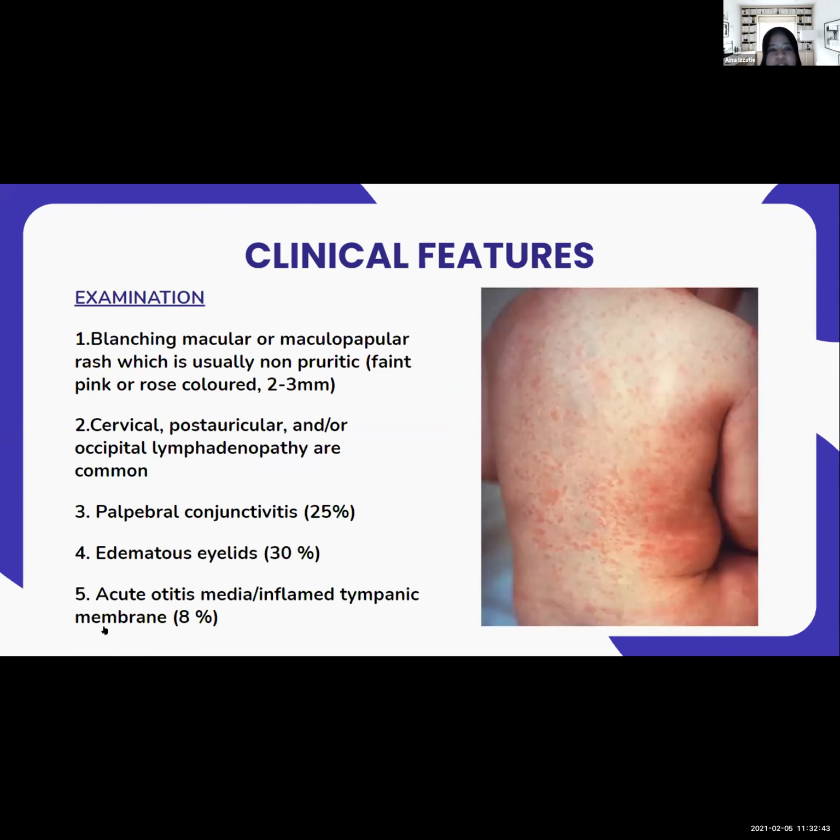Okay, during physical examination, we can see a blanching, macular or maculopapular rash, which is usually non-pruritic, and is faint pink or rose-colored, such as in the picture. There can also be cervical, post-auricular, or post-occipital lymphadenopathy, and also palpebral conjunctivitis, edematous eyelids, and acute otitis media.